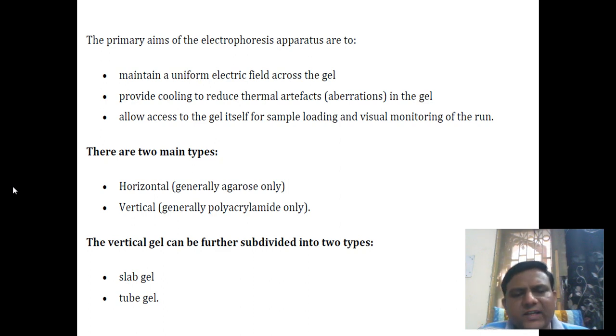And what does tube gel electrophoresis mean? You pour the gelling agent into small tubes which are open from both sides, and this electrophoresis is known as tube gel electrophoresis.